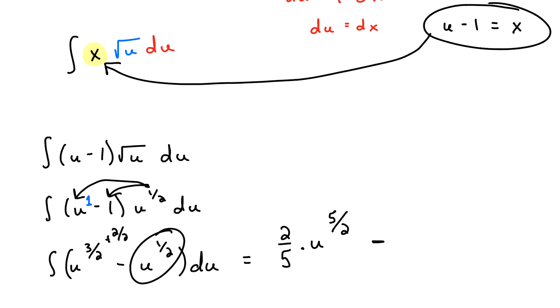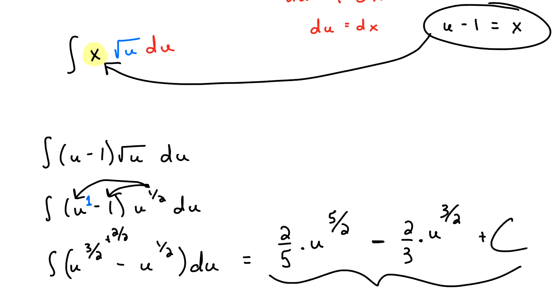Minus, I'll do the same thing for my second term here. Adding 1 would give me u to the 3/2 power. Multiply by the reciprocal, this would be 2/3. At this point, we have done our power rule, so we add our constant of integration c. And this is now our antiderivative. We're pretty much ready to go.